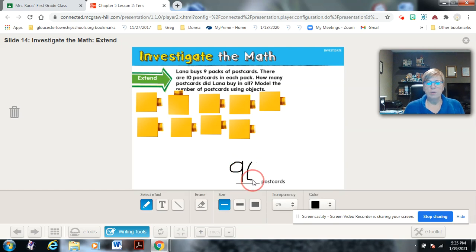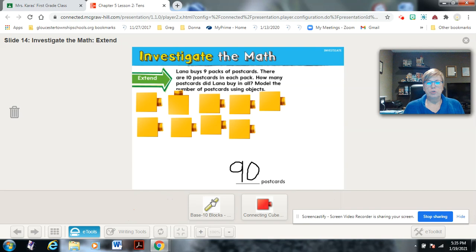Now, what I'm going to also do now is I'm going to show you something. You've had these blocks in your bags for a while, and these are called base 10 blocks. This cube is only worth 1.